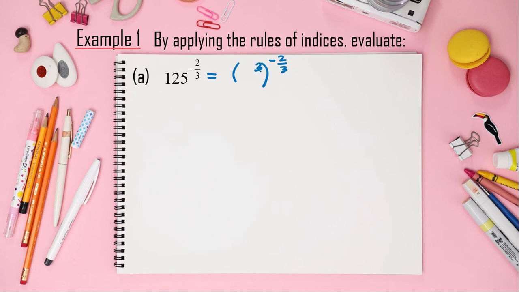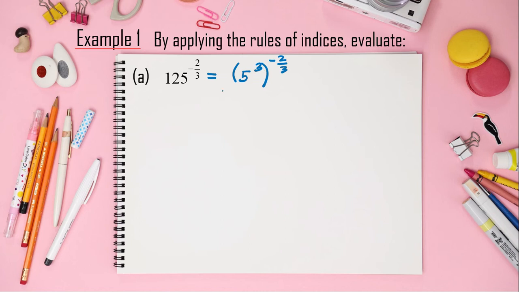Okay, why is that? Because we would like to multiply 3 with negative 2 over 3 so that we can cancel the 3 and the 3. So we will find a base that is when it is powered to 3, it will become 125. So this is 5 power 3.